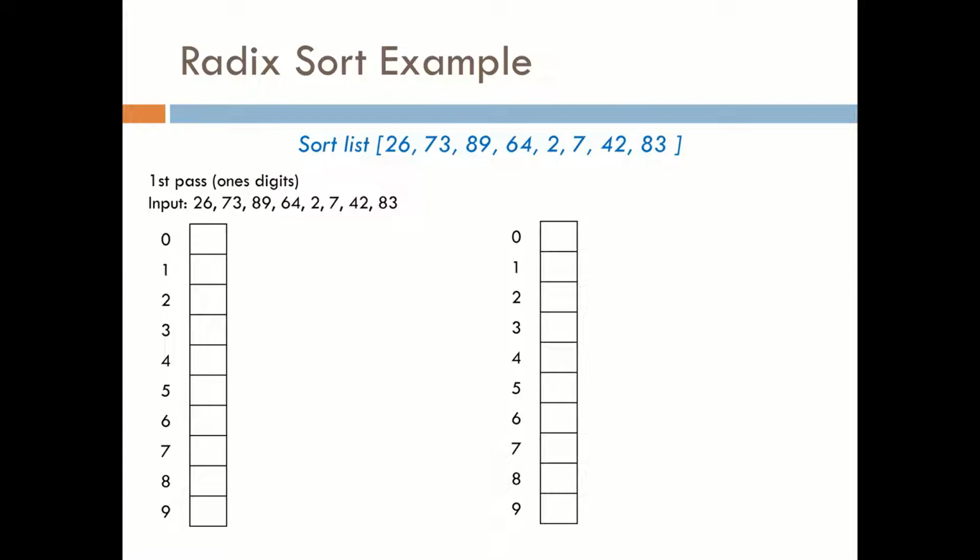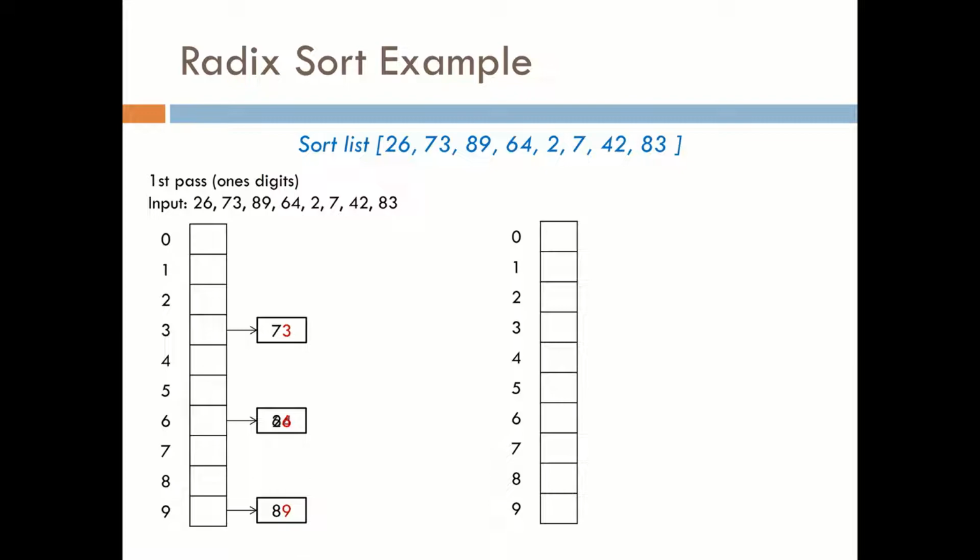So let's take a look at 26. I've highlighted the ones digit here to show that 26 goes in bucket number 6 because we're sorting by the ones position. So where would 73 go? Well, the ones digit in the number 73 is the 3, and so the 73 would go in bucket 3. The 89 would go at the bottom, in bucket number 9.